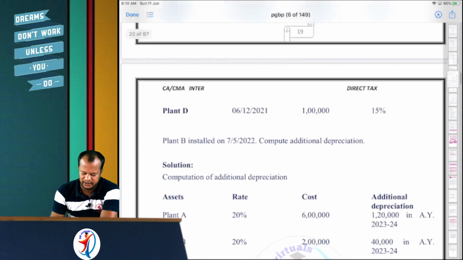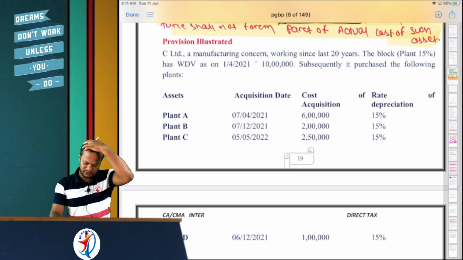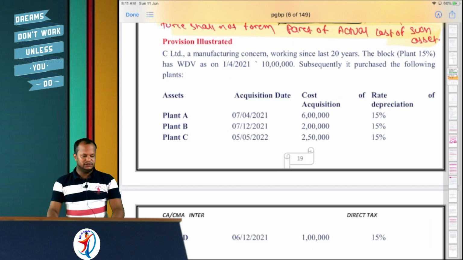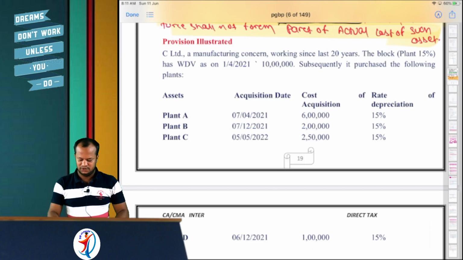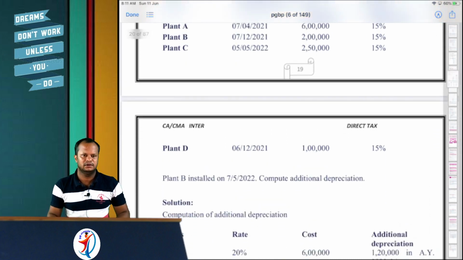Plant A, 7th April 2021. The cost of acquisition is 6 lakh. 20% of original cost can be claimed as additional depreciation.